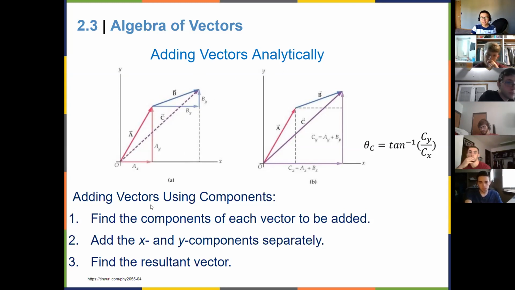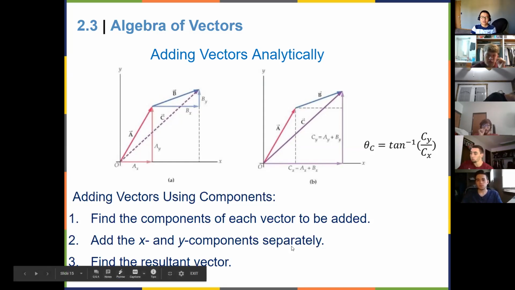So the first thing you need to do is find the components of each vector to be added. A plus B means you want to find the X component of A, X component of B, and then the Y component of A, Y component of B. And then add the X and Y components separately.